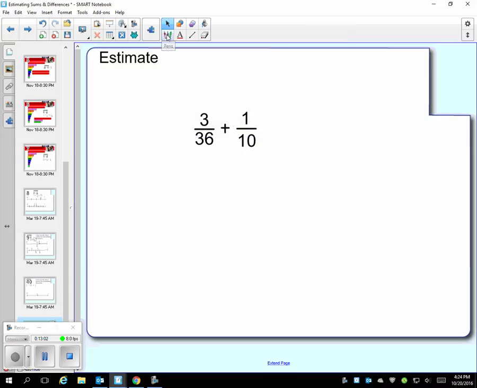That is close to what? 0, half, or a whole? 0. Because I know that half of 36 is somewhere around 15, 18. So 3 is nowhere close to 18. So 1/10, that's close to 0. So our answer is going to be close to 0.